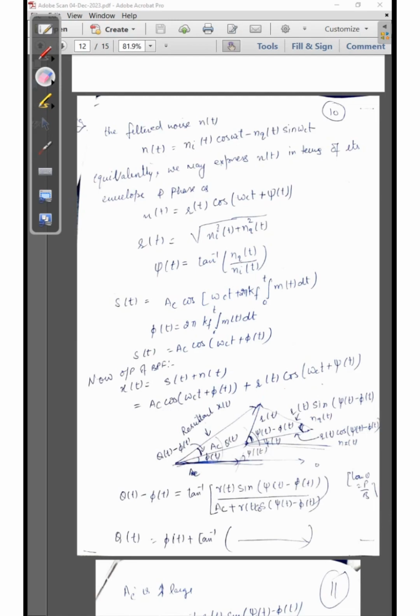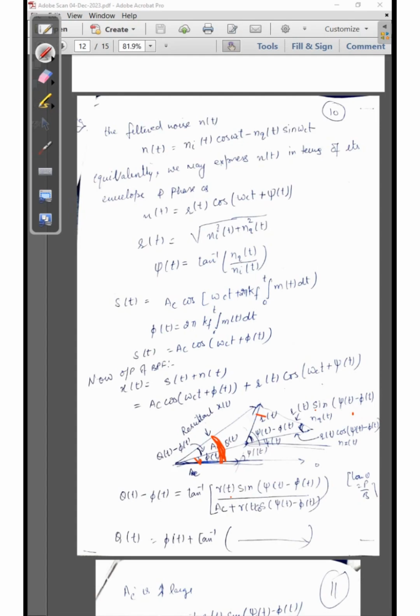Correct. So I can write theta of t minus phi of t. This is my theta of t, the angle of the resultant vector, and theta of t minus phi of t equals tan inverse of perpendicular upon base.